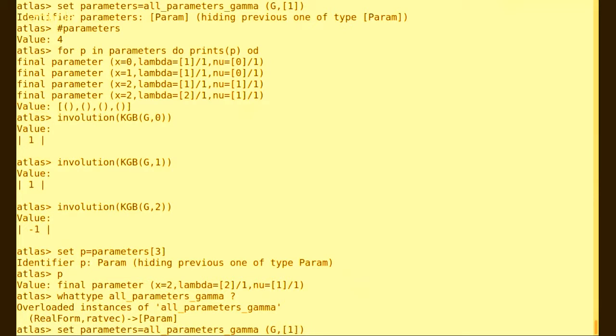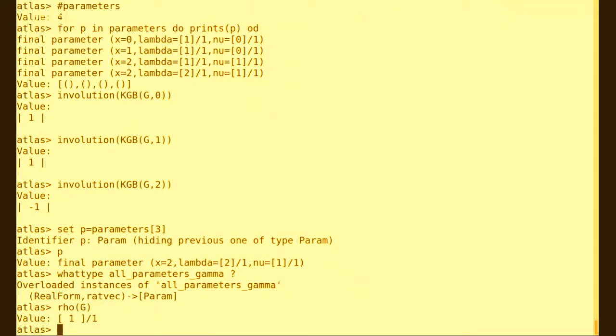I gave 1 here because rho of G is equal to 1. And, well, it depends on your group. So I'll do an example in a minute where you might want to enter something else. So in some sense the default is rho, but you just have to enter that. So I'll come back to that.